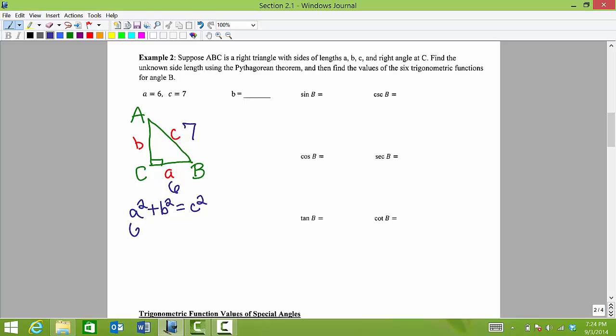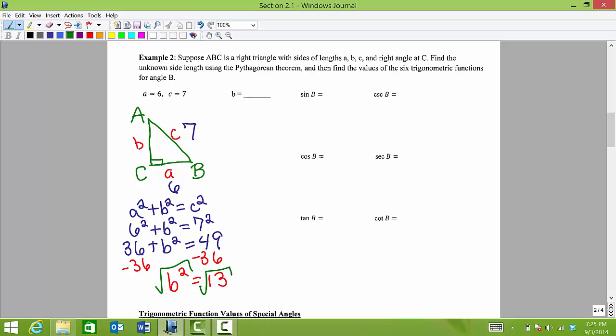So that would be 6 squared plus b squared is equal to 7 squared. So we get 36 plus b squared is equal to 49. And I want to subtract 36 from both sides. We get b squared is equal to 13. And now I want to take the square root of both sides. So we get that b is equal to the square root of 13.